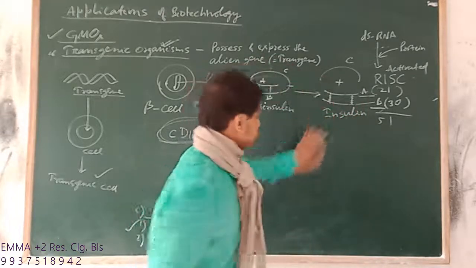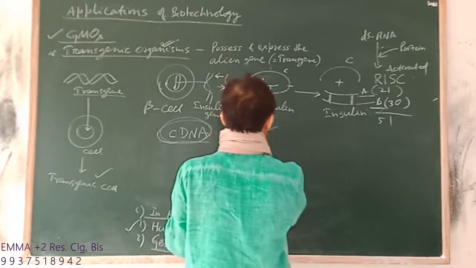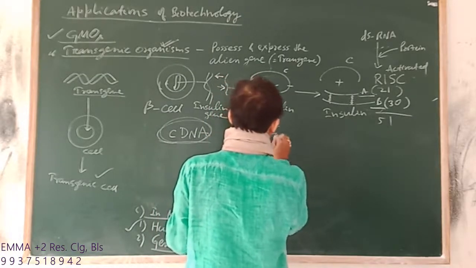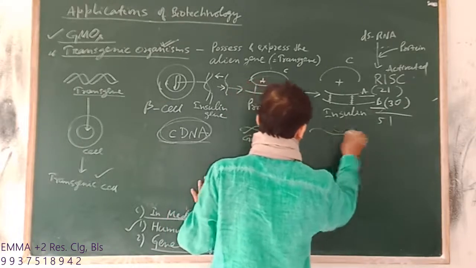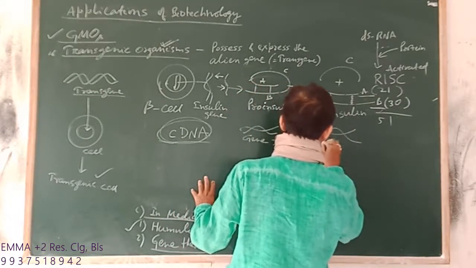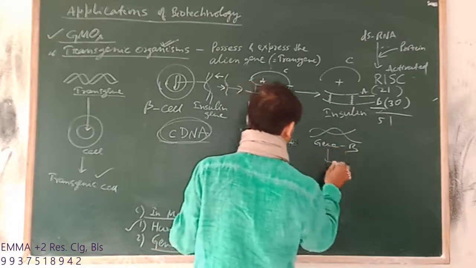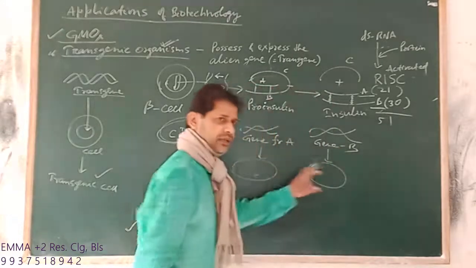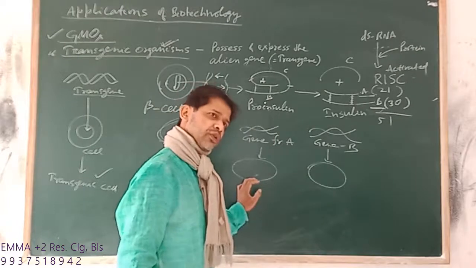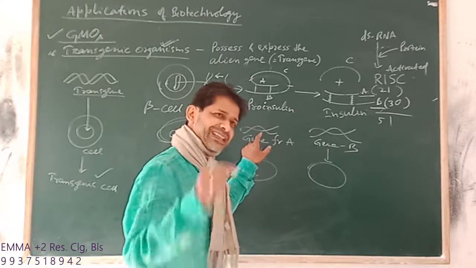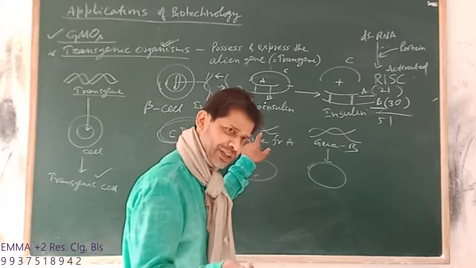They introduced the gene for the A chain and the gene for the B chain separately into E. coli bacteria. You know the technique: construction of recombinant DNA, gene transfer, gene cloning.